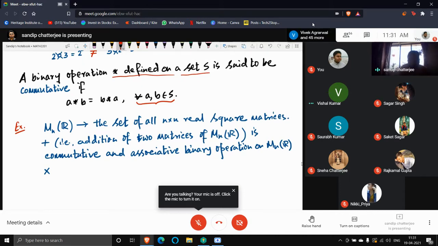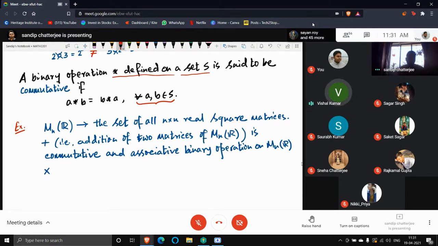That's why this is important for every element. Got my point? Yes, sir. So what will be my conclusion? Not commutative, I will say non-commutative.